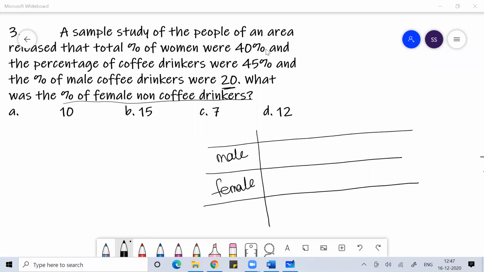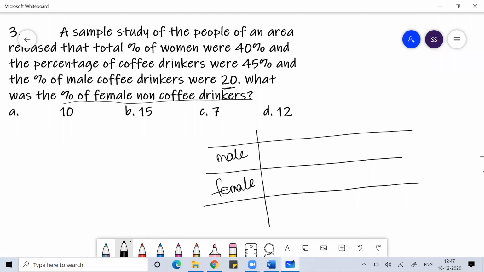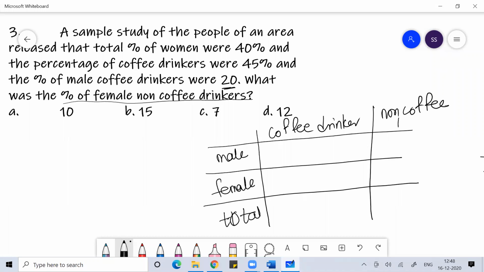Then here I can put coffee drinker and non-coffee drinker, coffee drinker and non-coffee drinker, and then I can put the total.